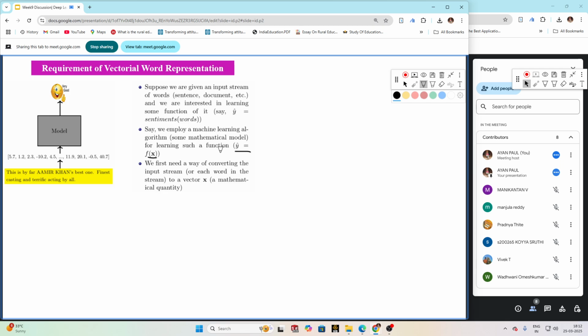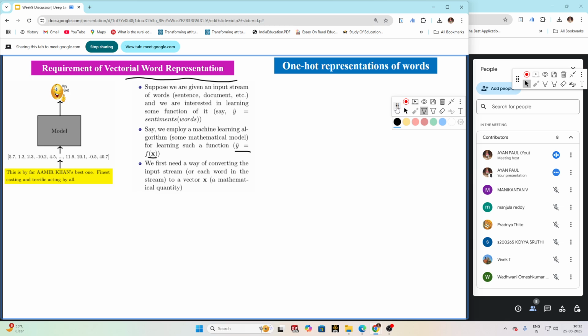Now the input is in the form of sentences. So that is why we require this vectorial word representation, because first we want our inputs to be in the form of some numbers, and from those numbers we want to achieve our output. So this is the concept of this.